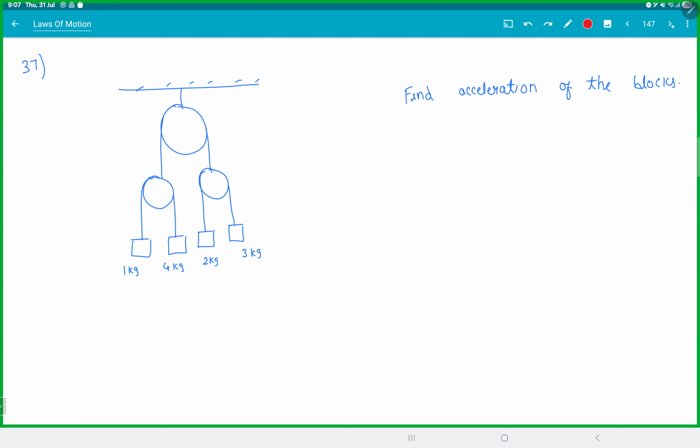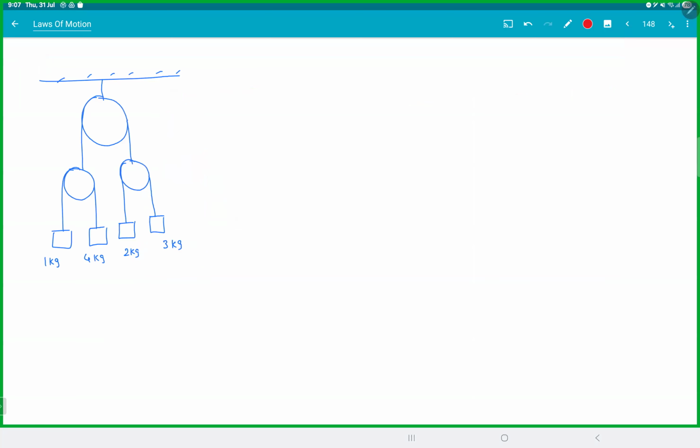Okay, let's take up the pulley equivalent. Continue solving. By the time I explain all this, you'll get another 2 minutes. So this is one pulley equivalent and this is one pulley equivalent. I'll call this M1, which is 4 into 1 into 4 by 1 plus 4, that is 16 by 5 kg.